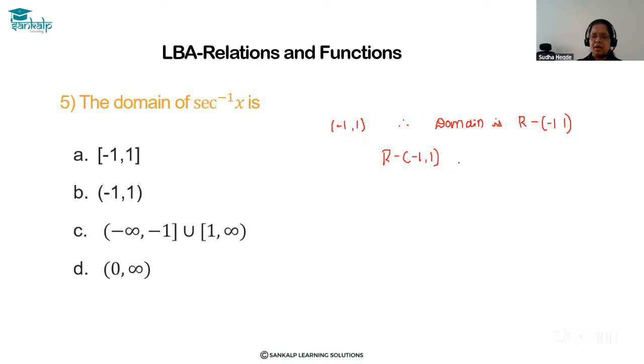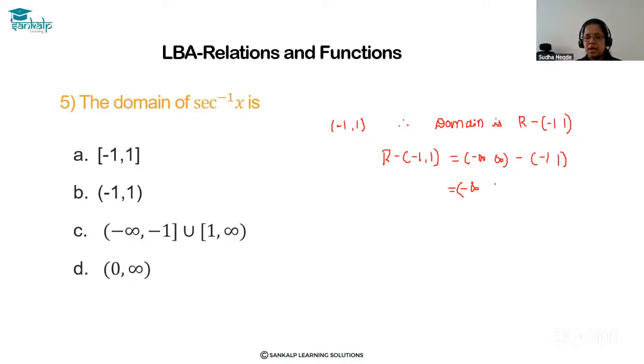R is nothing but -infinity to infinity minus -1 1. So how to remove this part on the real line? So we can write this as -infinity. Wherever infinity is there, you have to take open interval.